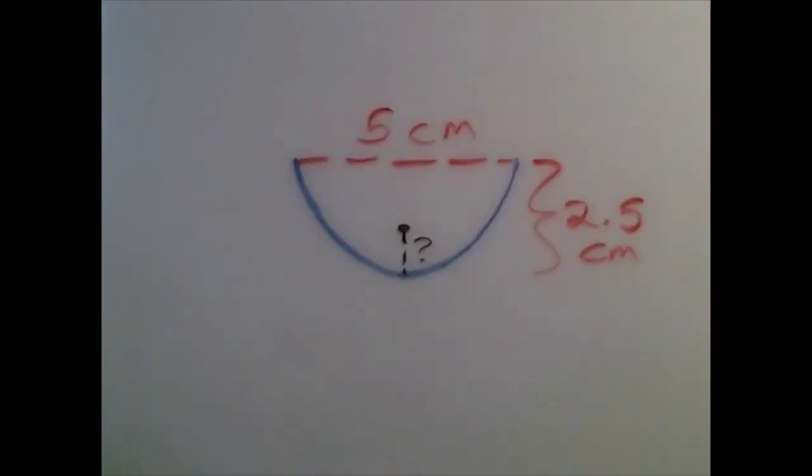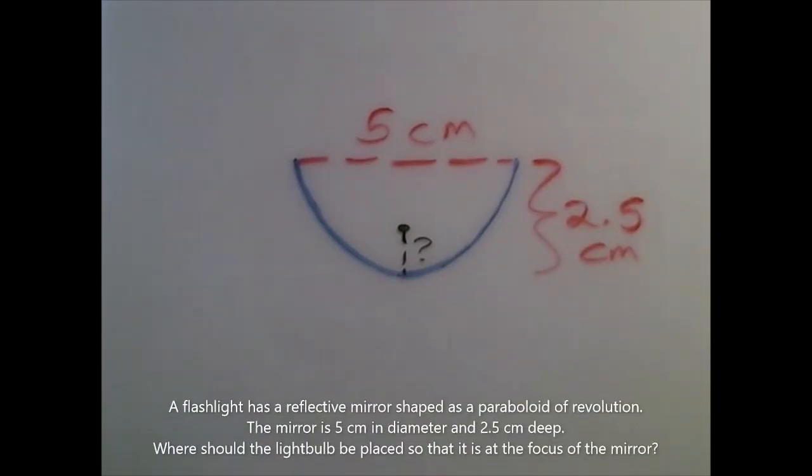In the next question, we have a flashlight, which has a reflective mirror with a diameter of 5 centimeters and a depth of 2.5 centimeters.